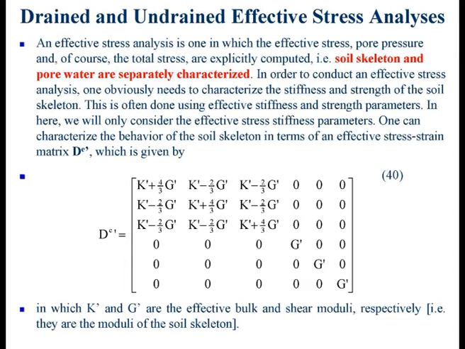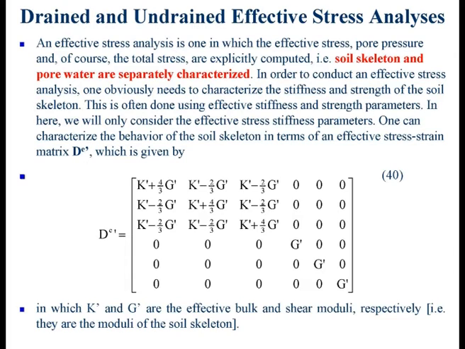So in order to conduct an effective stress analysis, you need to characterize the stiffness of the soil skeleton or the strength of the soil skeleton, and this is done using effective stiffness and strength parameters. Now this is important. I use two different things. Effective stress stiffness means Young's modulus, Poisson ratio, that kind of thing.